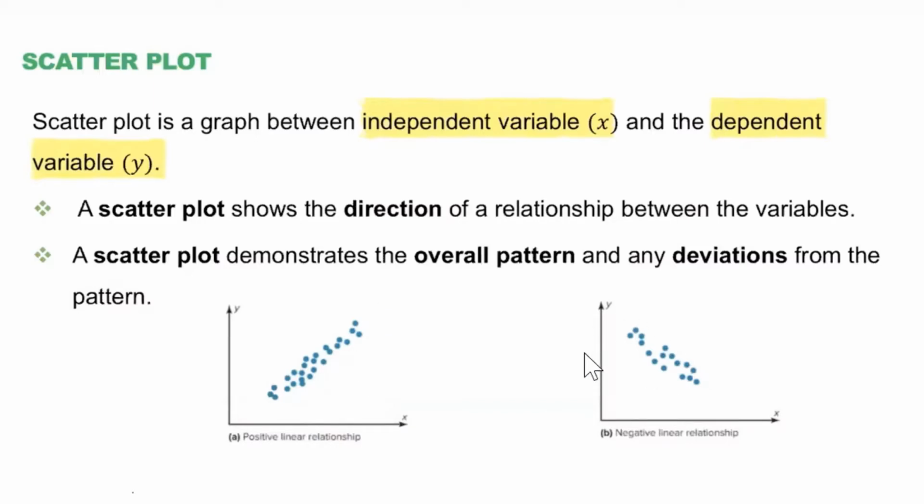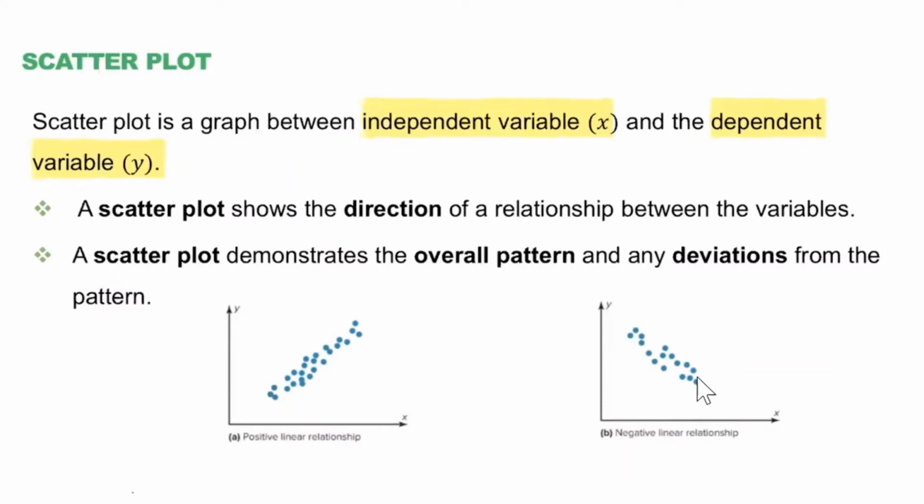When you look at the second scatter plot here, when the x value increases, you can see that the y values are decreasing. When you go from left to right along the x or the independent variable, the dependent variables are decreasing. So when one increases, the other decreases, meaning there is a negative relationship.